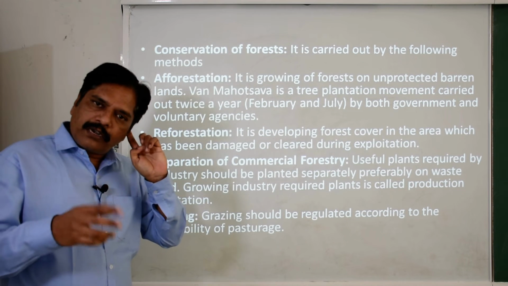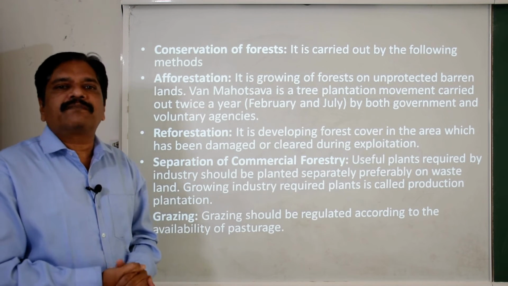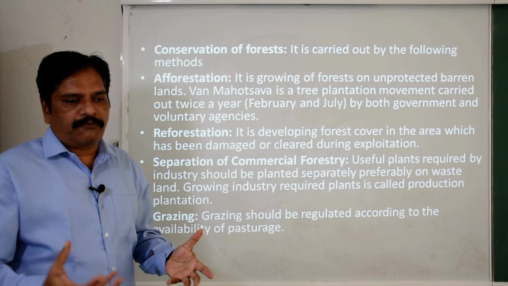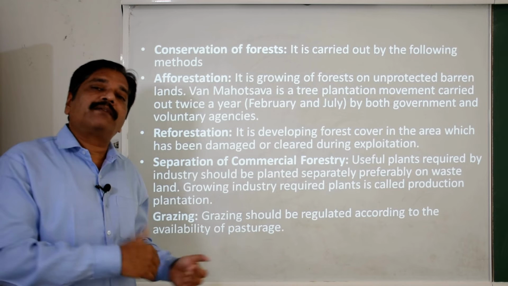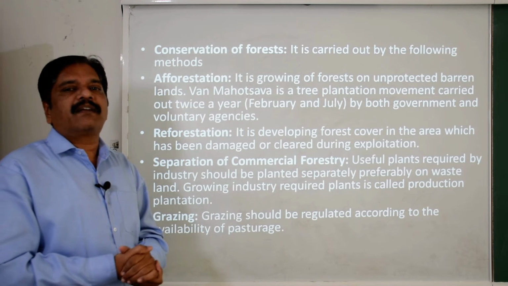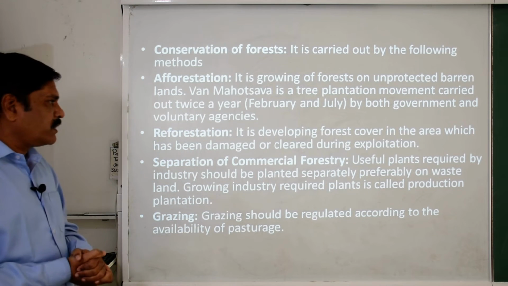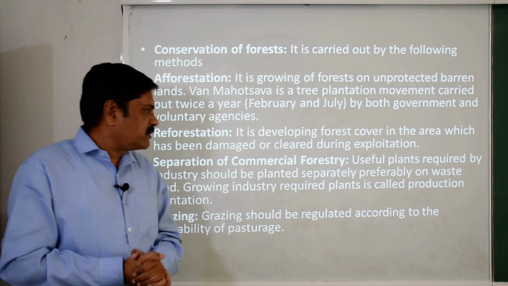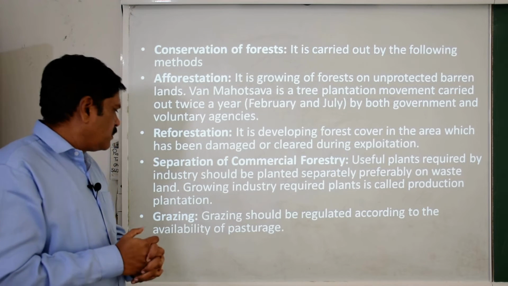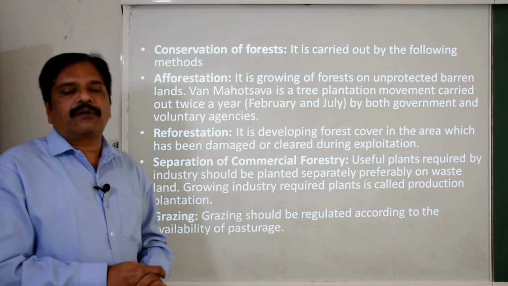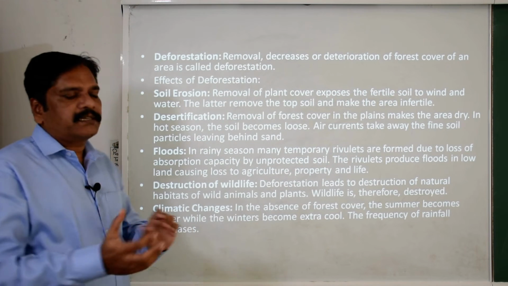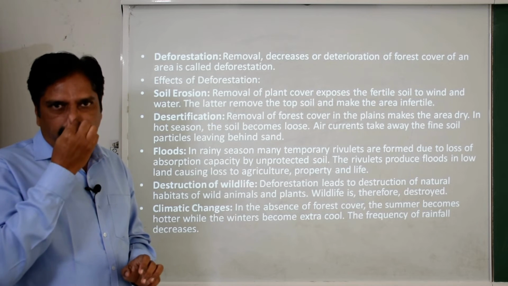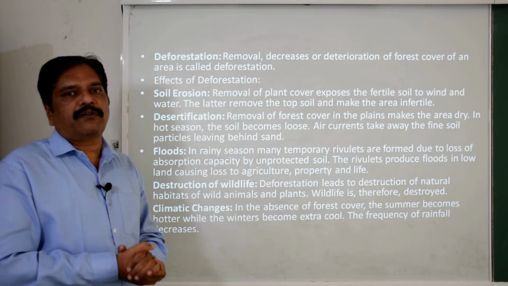So it will not only convert this wasteland into fertile land, but also help in maintaining the ecological balance. Similarly, grazing should be regulated only on the basis of the availability of agricultural fields and green fodder.